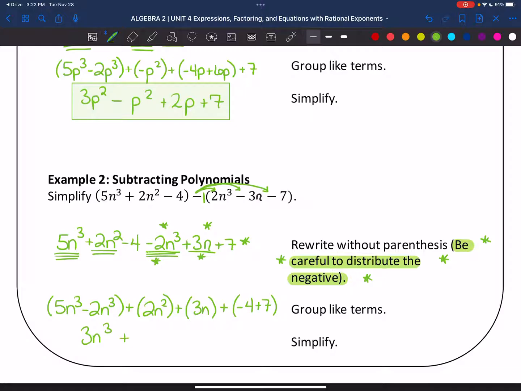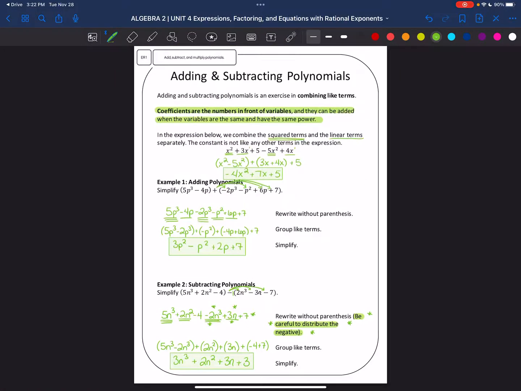Then I have my squared term, which has no one to combine with, so it stays the same. My linear term, which has no one to combine with, stays the same. And then last of all, add negative 4 plus 7. That's going to be adding 3. So there we go. That is our simplified expression. That is adding and subtracting our polynomials.